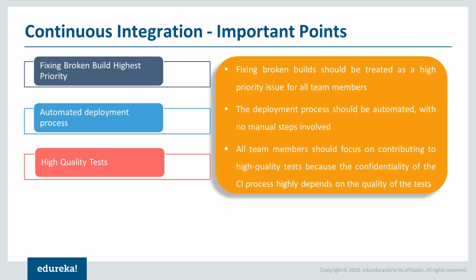A very important thing to understand is that you need to have confidence in your test cases. You should have the understanding that if your code has passed all the tests successfully, that would mean that your code is not going to fail during deployments. And that kind of confidence you will achieve only if you have very high quality test cases written.